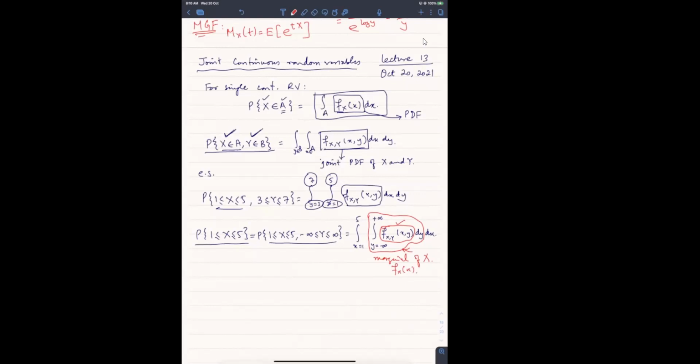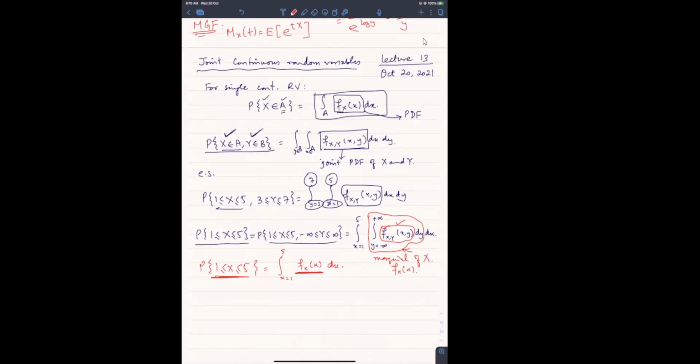So I'm going to rewrite that as the integral over x from 1 to 5, and the inner part, where we integrated y out from minus infinity to plus infinity, is just f_X(x) dx. This is the probability x is between 1 and 5. And we know this is true: if we integrate the marginal PDF of x from 1 to 5, we should get the answer, x going between 1 and 5.